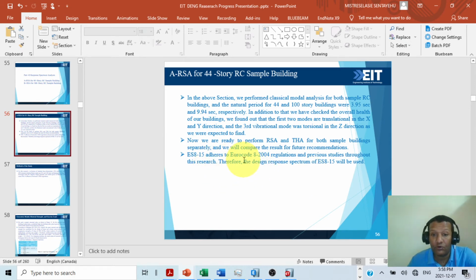Now we are ready to perform RSA and time history analysis for both sample buildings separately, and we will compare the results for future recommendation. Ethiopian Standard 815 adheres to Eurocode 8 2004 regulations and previous study throughout this research. Therefore, the design response spectrum of ES 815 will be used.